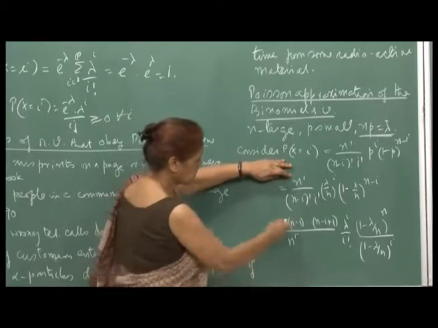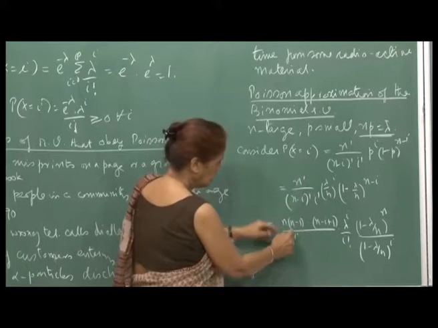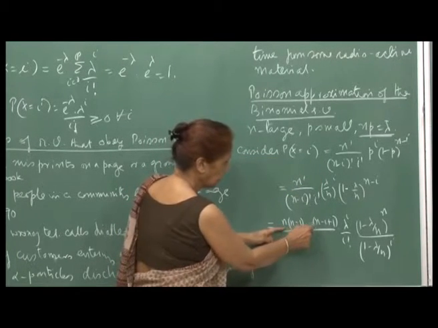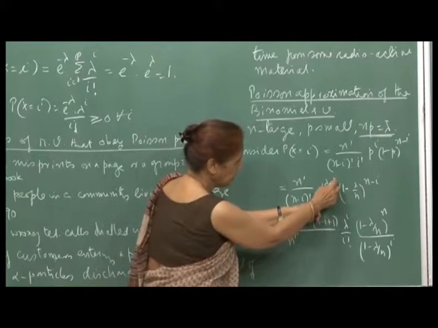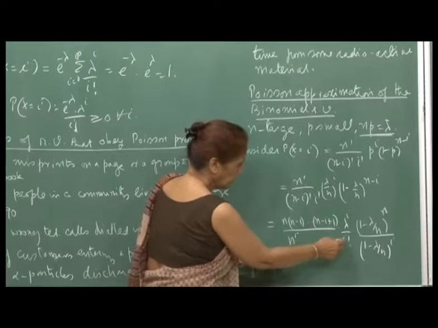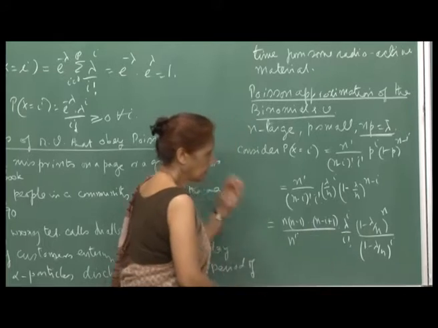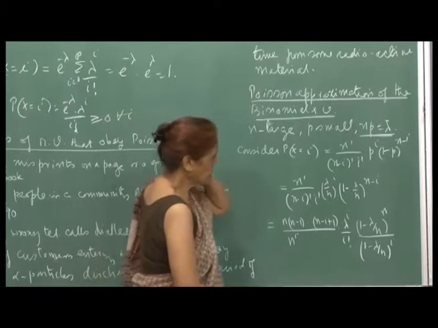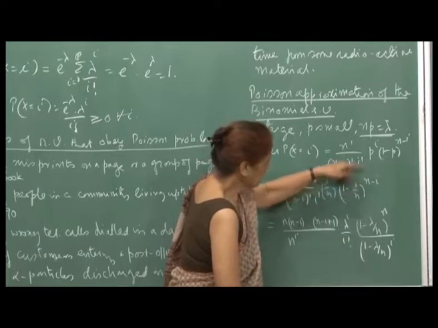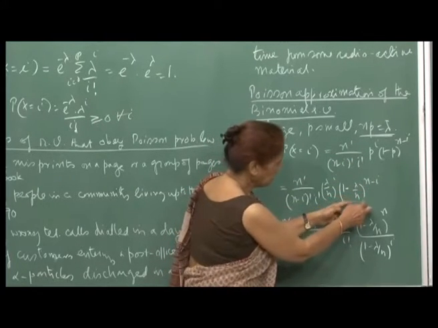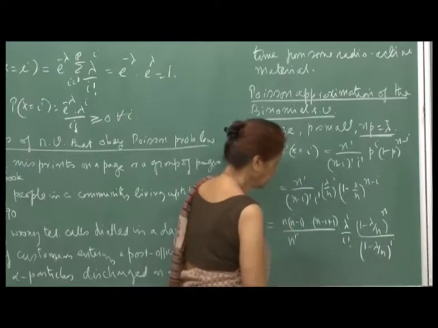Then if you cancel out the n minus i factorial part here, you will be left with n into n minus 1 up to n minus i plus 1, and then this n raised to i I am writing here, and i factorial is underneath, because I am trying to converge to the Poisson probability. So, lambda raised to i upon i factorial, and this one, 1 minus lambda by n raised to n, divided by 1 minus lambda by n raised to i.